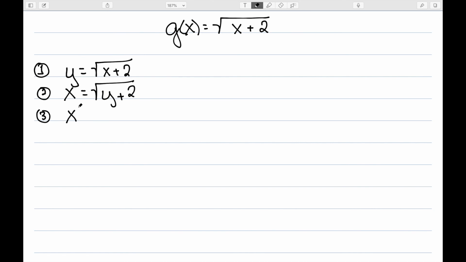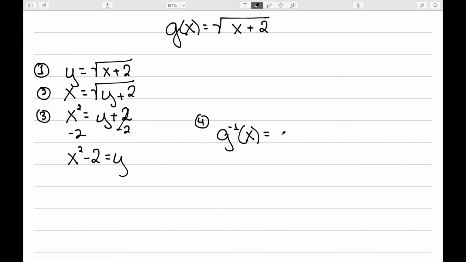I'm going to start by squaring both sides. The left becomes an x squared, the right becomes y plus 2. I can then subtract 2 from both sides. That gives me x squared minus 2 equal to y. And then my fourth step is to switch to my inverse notation. So I have g inverse of x is equal to x squared minus 2.